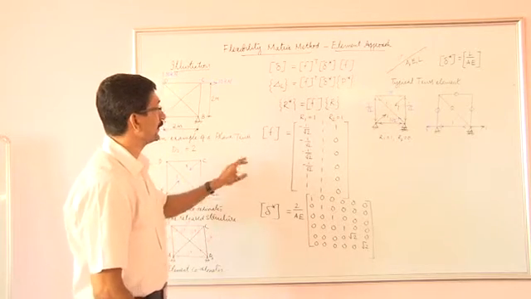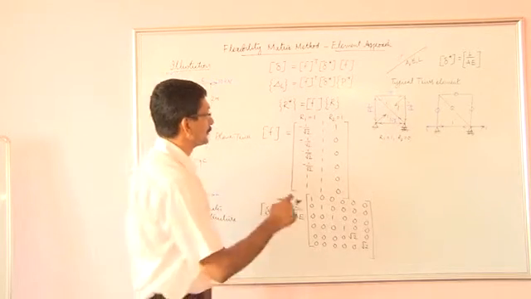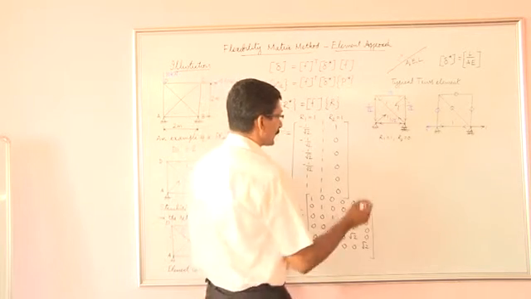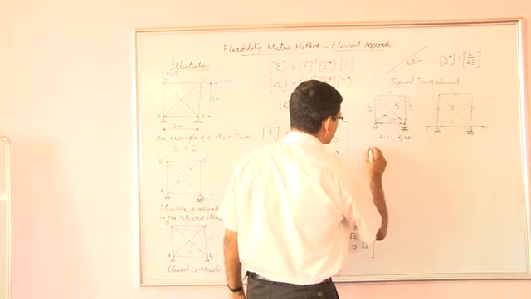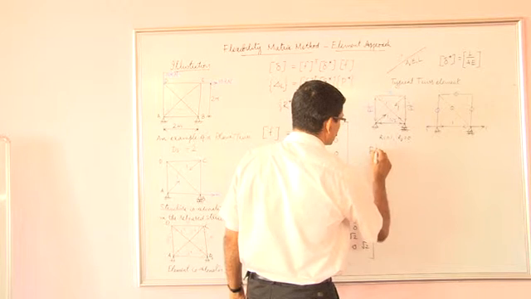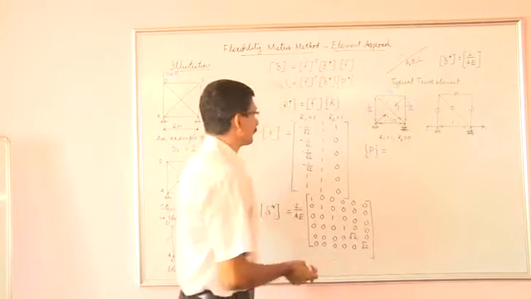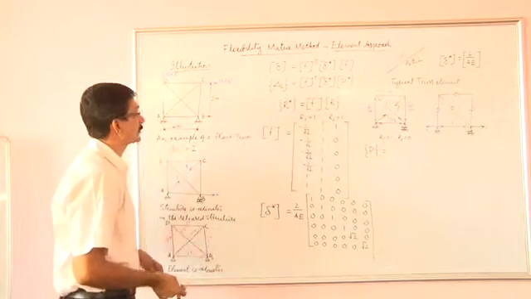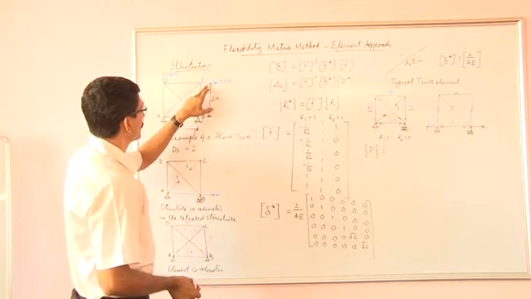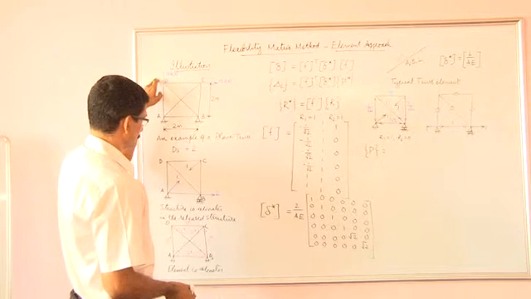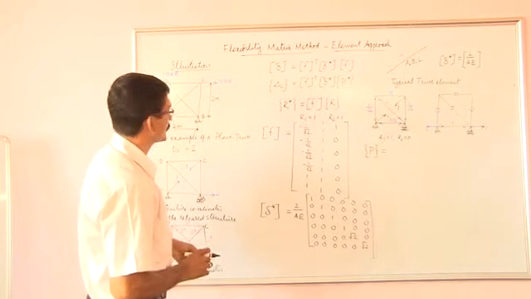Now we need to set up the force vector P vector. P vector will contain the forces corresponding to structure coordinates. They are, we have a force over here, we have a force over here, right?